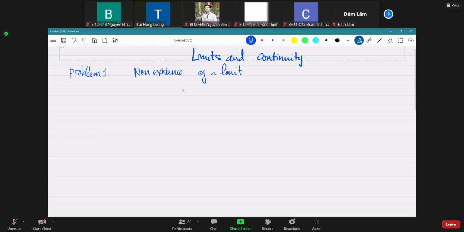More precisely, we are given a function f of two variables of this formula, here x squared plus y squared. Then we need to prove that the limit of the function f does not exist when x, y tend to the point 0, 0.